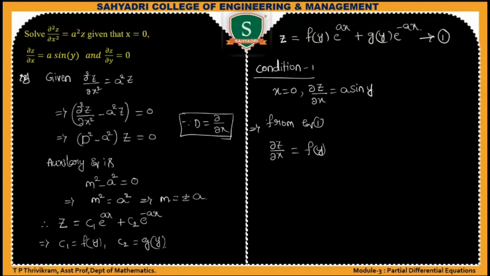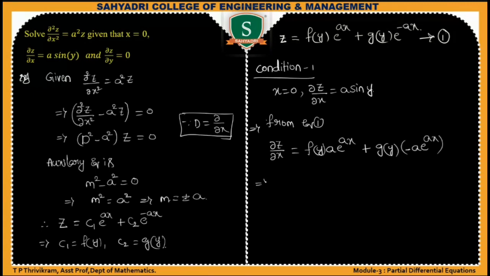Differentiation of e power ax with respect to x is a into e power ax. Plus g of y, differentiation of e power minus ax is minus a into e power minus ax. Correct.